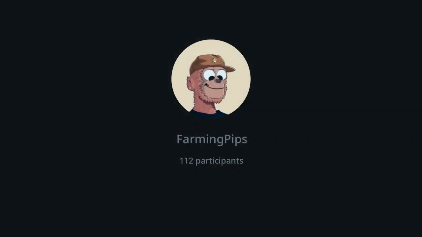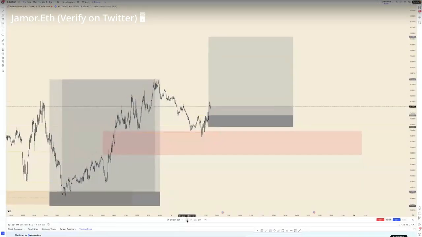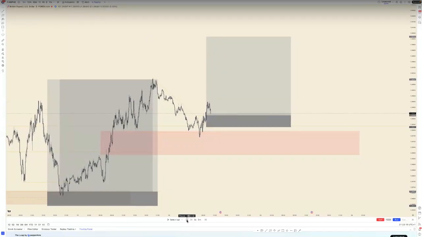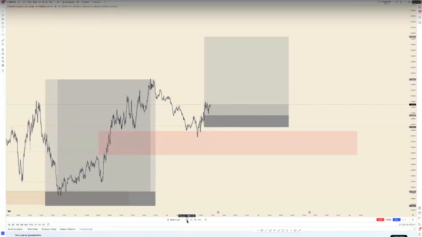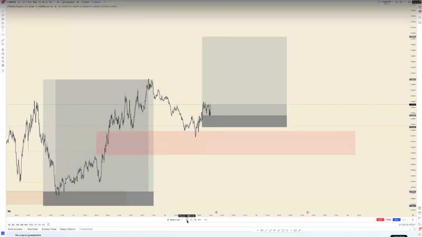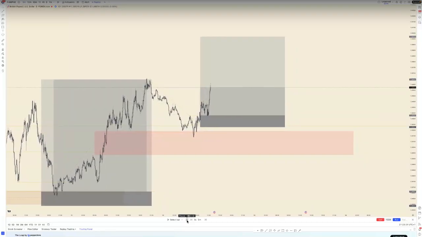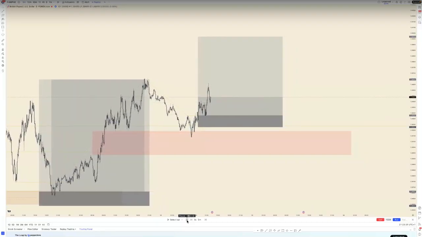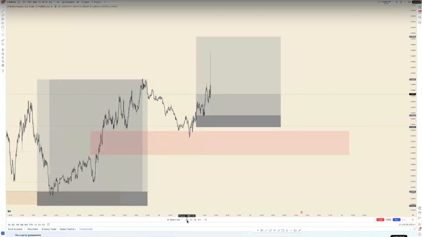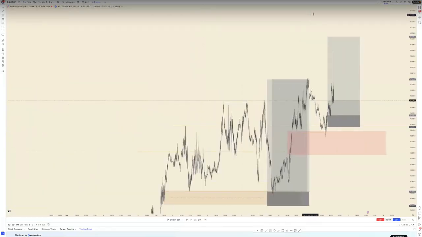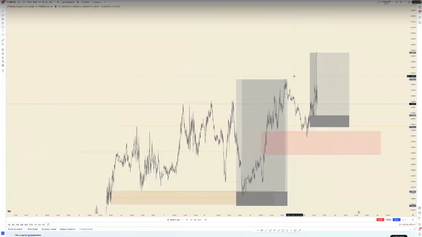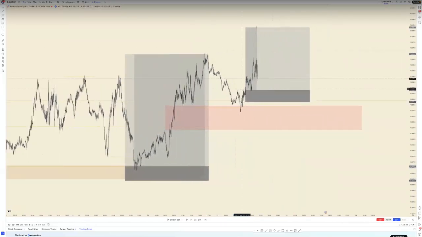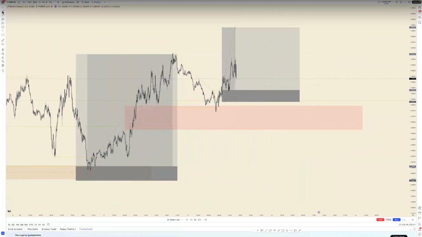I feel like I'm about to make a mistake here. It's holding up. I have to readjust my TP for this one. But I think it's still going to buy off from here again.